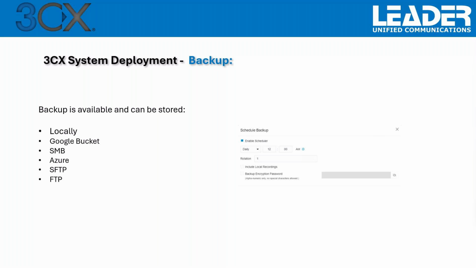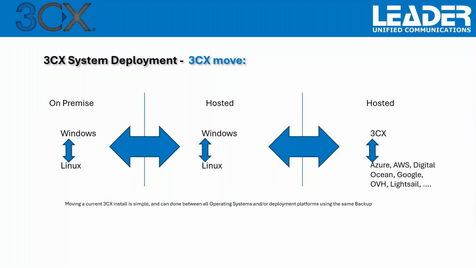Now, when we move 3.6, we can move it on premise from Windows to Linux or vice versa, or we can move it from on-prem to hosted, and there from Windows to Linux, or from Linux to Windows, or from Windows to Windows, or from Linux to Linux. And then we can move it from hosted to hosted by 3CX, or from hosted by 3CX to self-hosted. We always use the same backup. There is no difference in the backup that we use, regardless of where we come from and where we go.